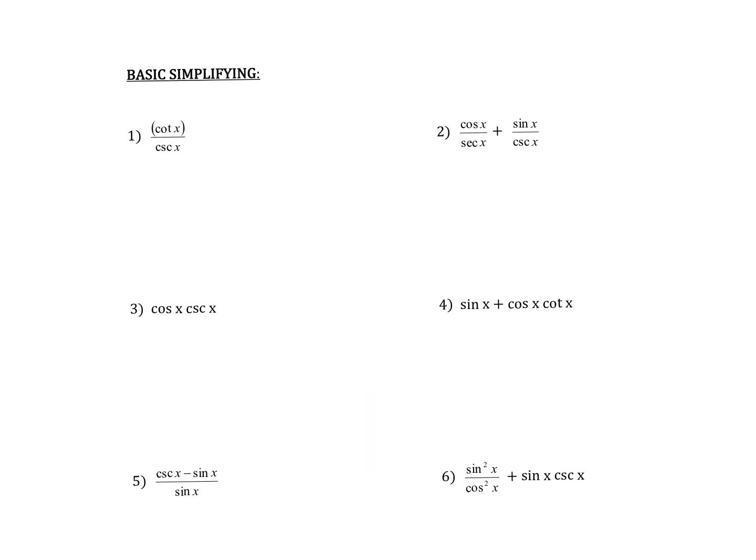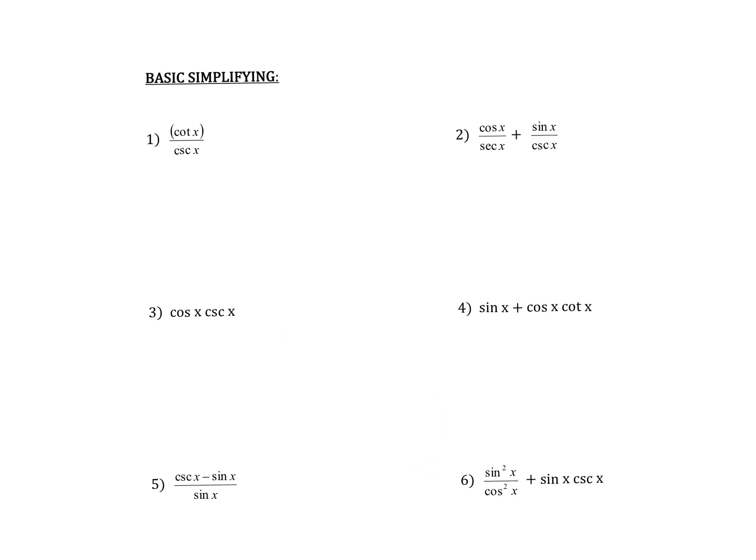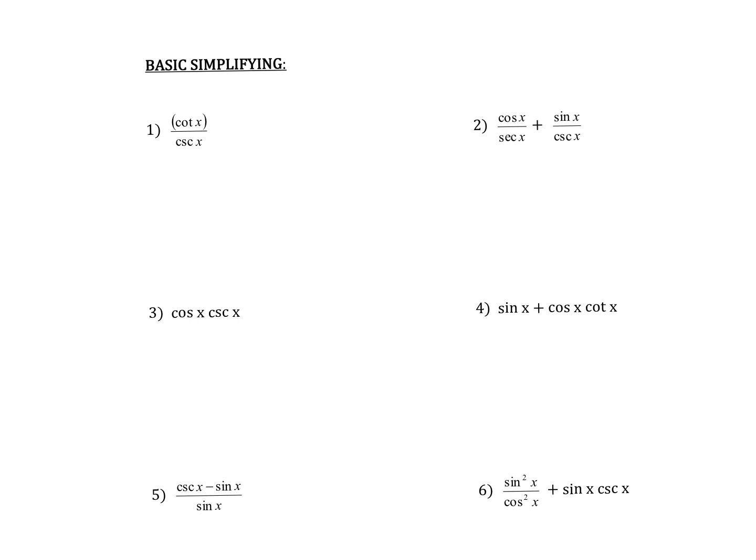All right, so we are going to start looking at what's referred to as simplifying identities. Some general rules of thumb for most of these: we don't want fractions, so if we see a fraction, we know we're going to have to do something.